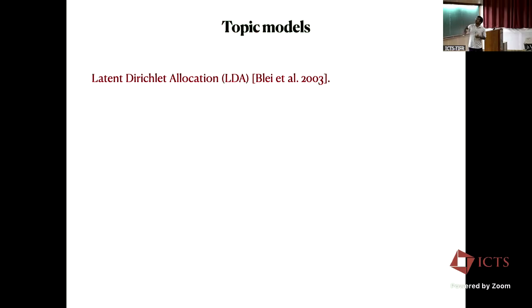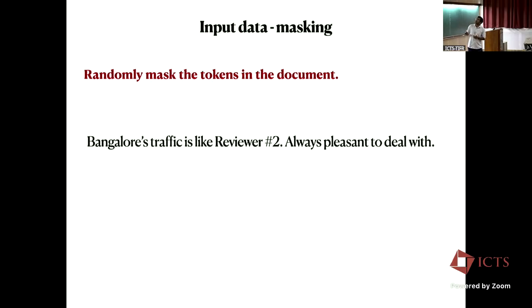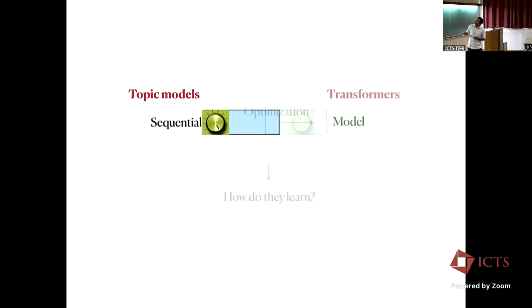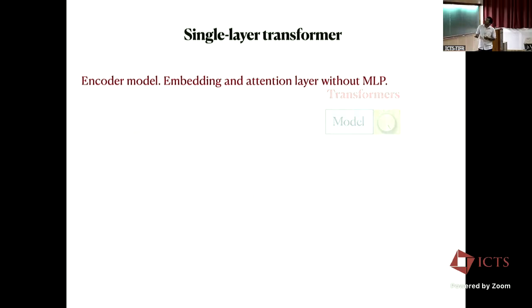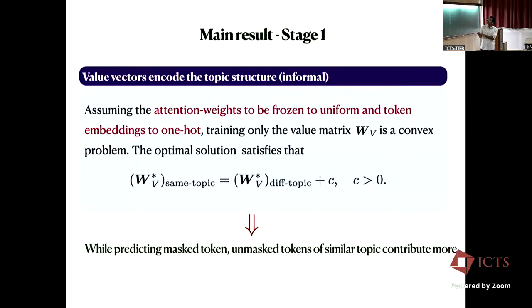So there is a work that studies how, using LDA, this topical structure could be captured. And the main takeaway? You can do the gradient analysis and everything. They show that even for a single-layer transformer, with gradient analysis, you can show that the similarity between words of the same topic is greater than the inter-topic similarity, up to some constant.